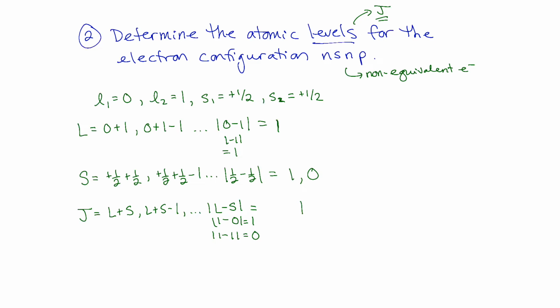So we will have L plus S for the S equals 0 option. So 1 plus 0, 1 plus 0 minus 1, all the way to 1.